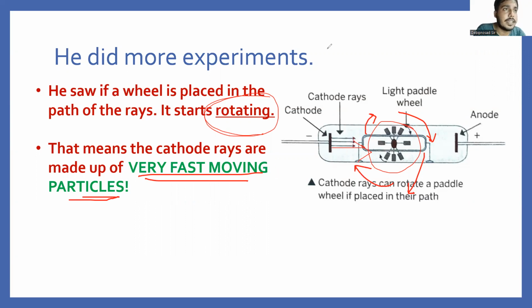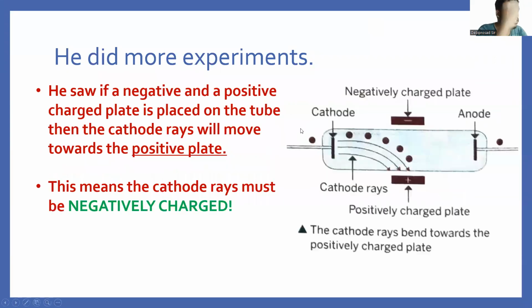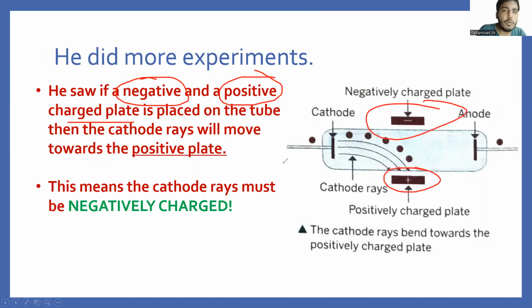Next, he did more experiments to find the next conclusion. He saw that if a negative and a positive charged plate is placed on the two sides of the tube, as you can see in the figure over here, then a strange thing happened. Again, number 3 in our list.